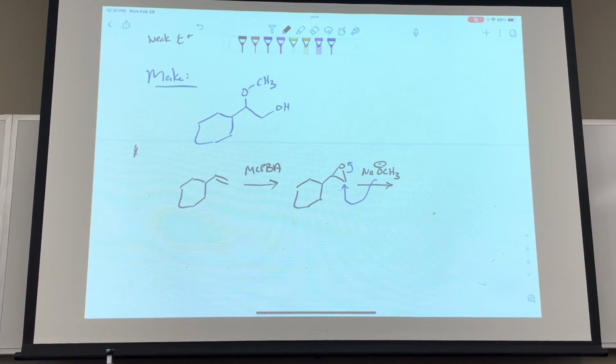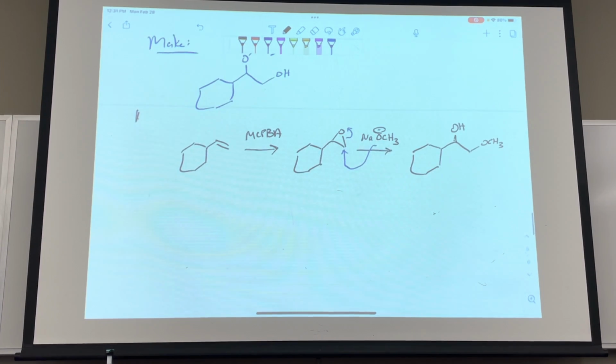If we took that to its logical conclusion, what we would end up making is that. Which is close to what we want, but not exactly what we want, right? Our substituents are in the wrong place.